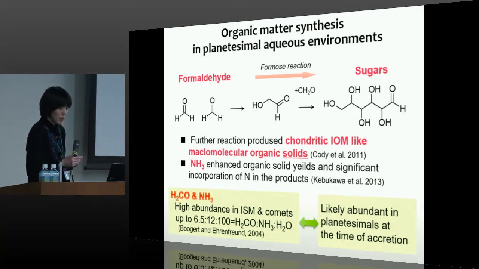And we further studied this reaction adding ammonia, and actually ammonia enhances organic solid production, and also significant incorporation of nitrogen in the products was observed. Formaldehyde and ammonia are very common molecules in the interstellar medium and comets as well. So we can expect they are abundant in the early stage of planetesimal formation.